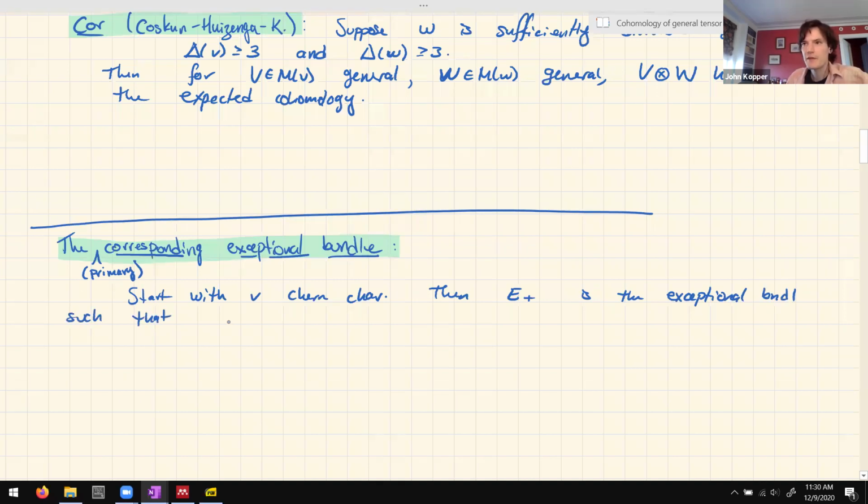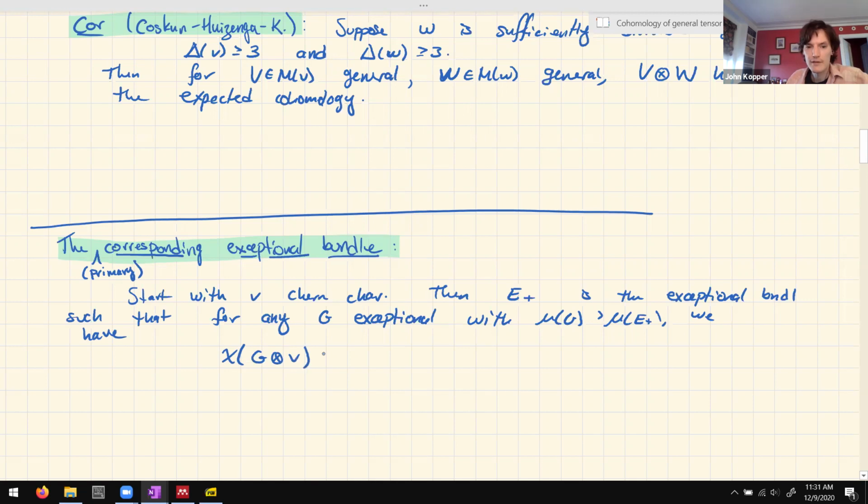Such that for any other exceptional bundle, let's say G exceptional, with slope bigger than mu of E plus, we have the following Euler characteristic: chi of G tensor V is greater than 0.